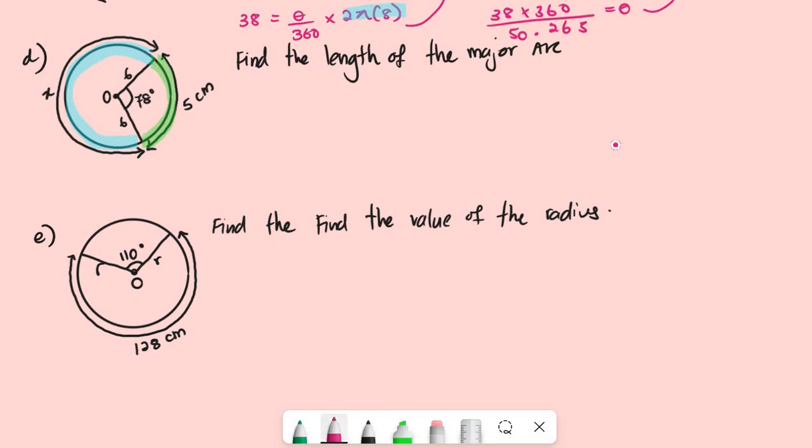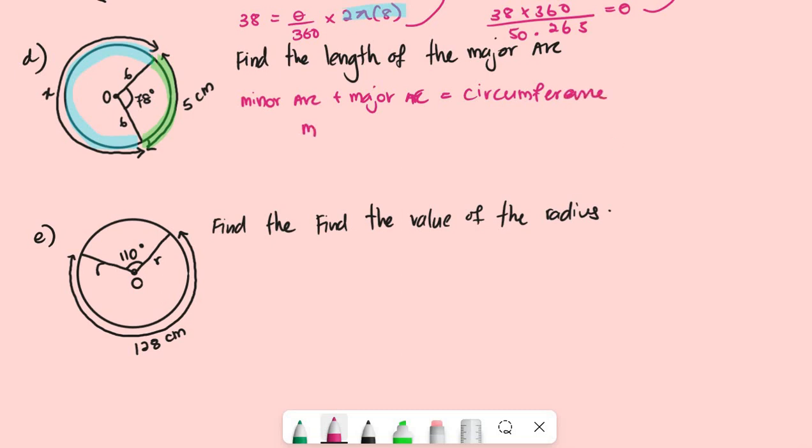I know that minor arc plus major arc equals the circumference, because this is an easy formula.